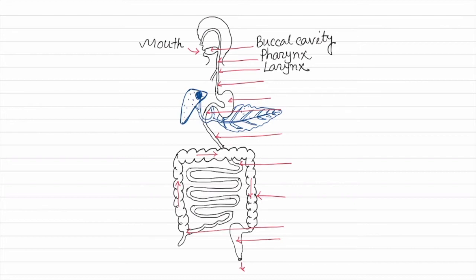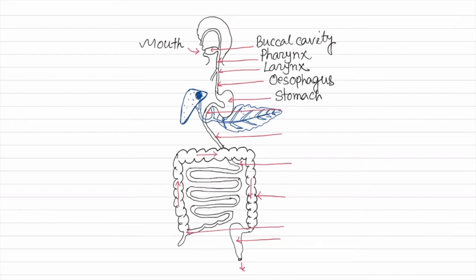And the part that connects the larynx with the stomach is generally known as the esophagus. The esophagus is generally known as the food tube, and the sac-like part of the alimentary canal is known as the stomach.